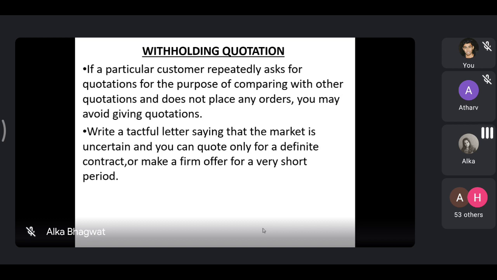Whenever you're writing a quotation, it is extremely important to know the details, and also you must know where to stop writing quotations, because there are customers who will go on asking you for a letter of quotation, and you can't waste your time on one customer, because you have other things also. Okay, so that is when you withhold a quotation and you give the final quotation to that person.